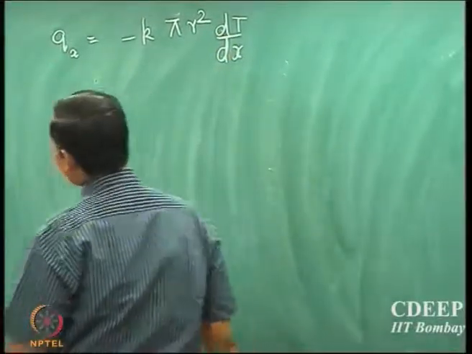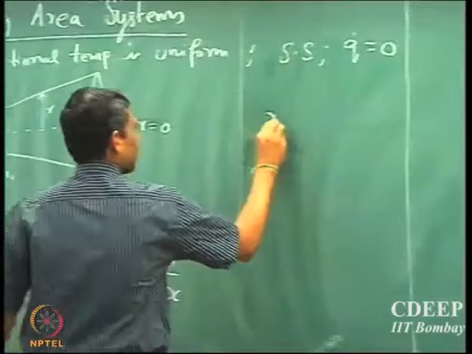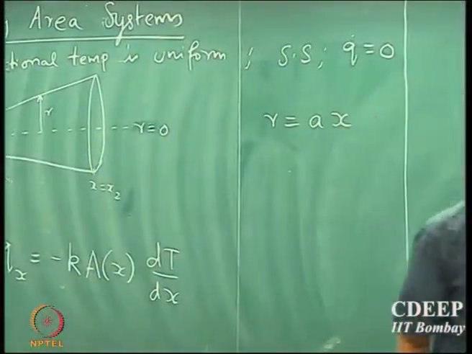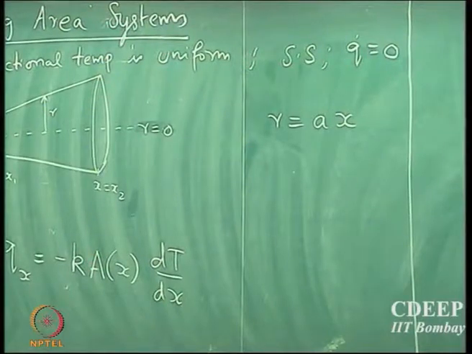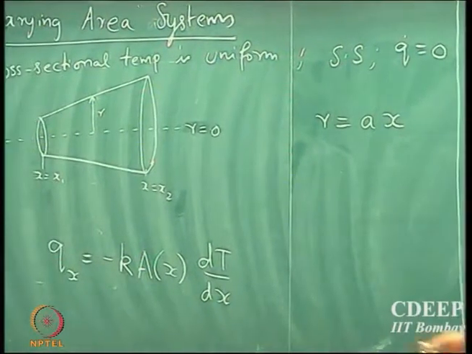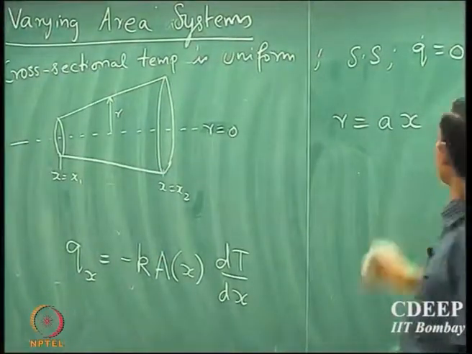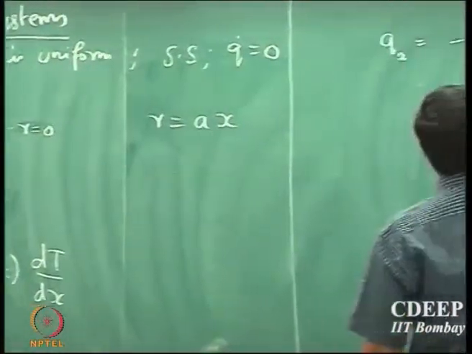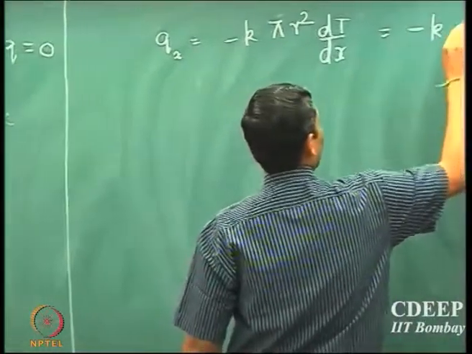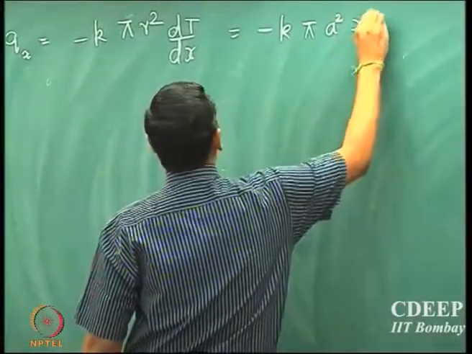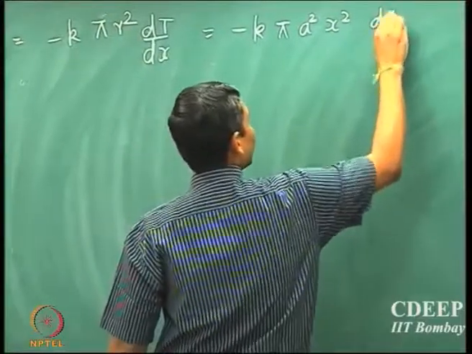Supposing I say that the local radius goes as a linear function of the axial position, then I could simply rewrite this as minus K pi a square x square into dT by dx.